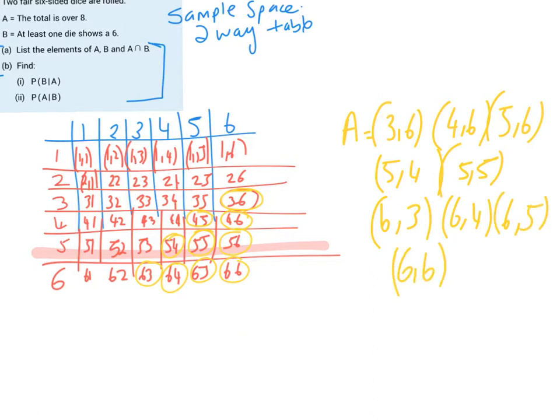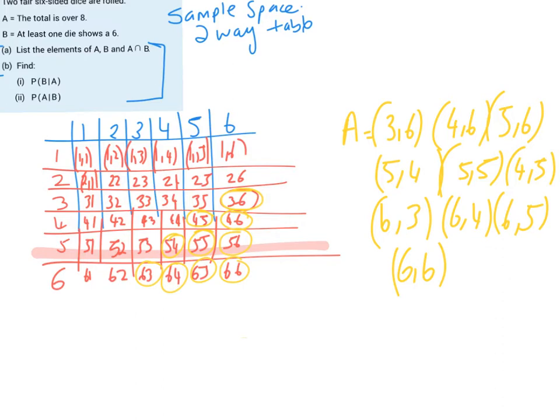So let's count those: 1, 2, 3, 4, 5, 6, 7, 8, 9. Are we happy with that? Am I missing one? I think I don't have 4, 5 written down. Do you see that? So let's write that one down. Okay, so there's 10 options there.